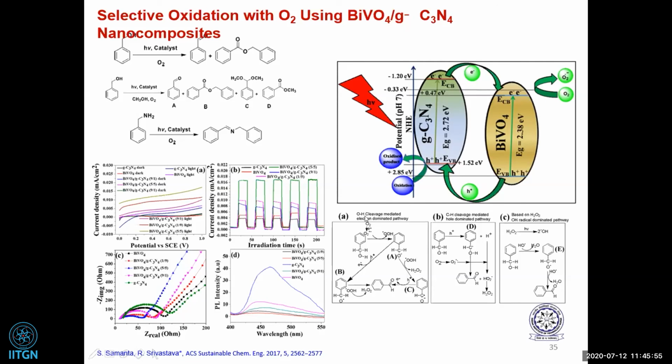So it can happen either by an OH cleavage pathway or a CH cleavage pathway, or the H2O2 that is generated in situ can also give rise to OH radical.